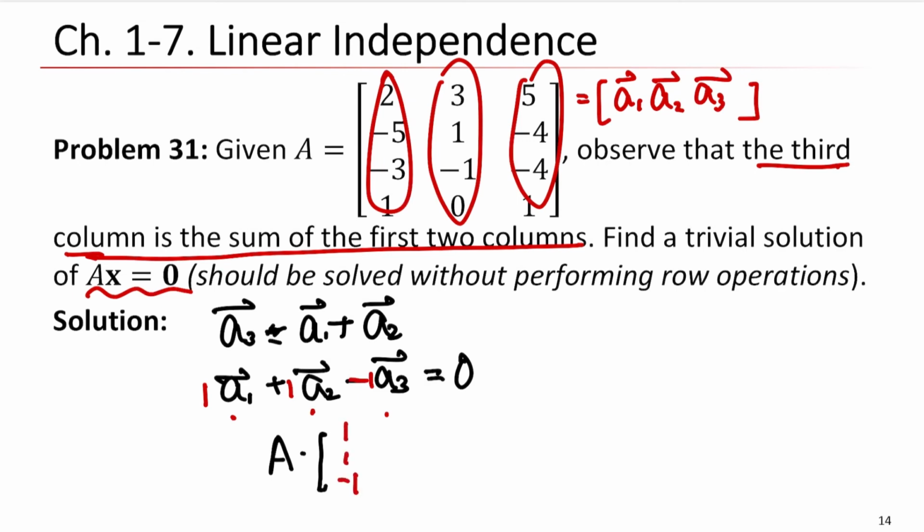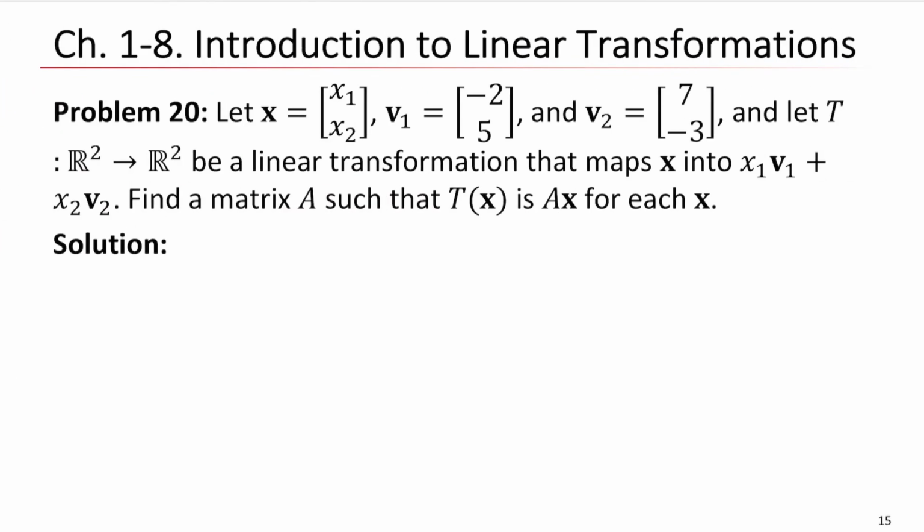With the 0, right? So a non-trivial solution of the matrix equation Ax equals 0 is the x vector 1, 1, negative 1. Okay, so let's move on.